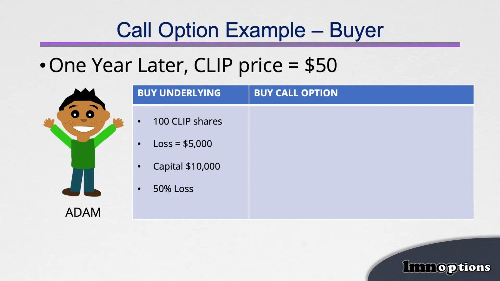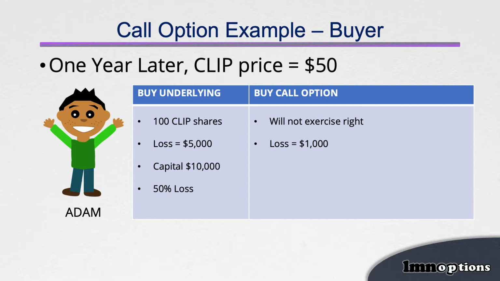If Adam, however, had chosen to buy the call option instead, because he does not have the obligation to buy the shares, he will not exercise his right. If Adam wanted to buy the shares, it would cost him far less to buy the shares at $50 from the market rather than to exercise the option to buy it at $100. Therefore, his loss would simply be the amount of money that was paid for this call option.